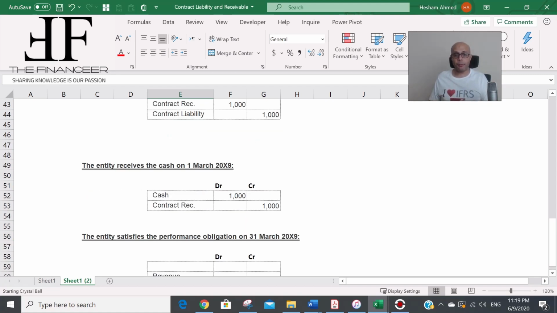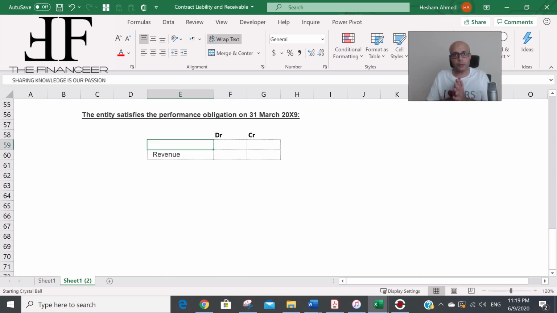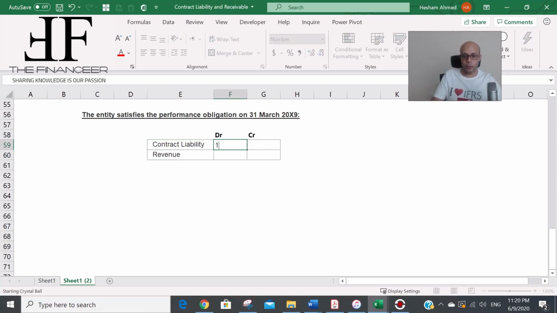So remember, in the first entry, we recorded contract liability. So we need to close this contract liability now because the company delivered the performance obligations and the company doesn't have any obligation in this contract anymore. So the company must close this contract liability. It will be the same value, 1,000.